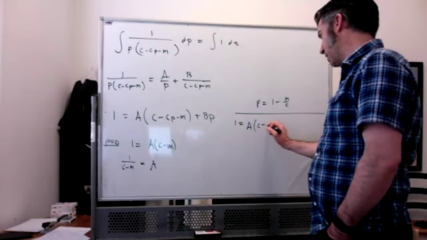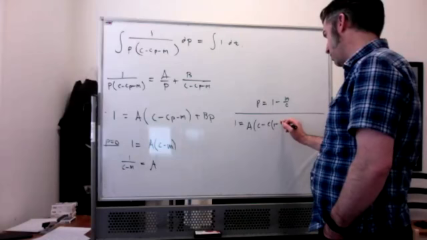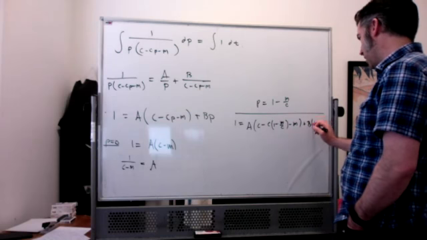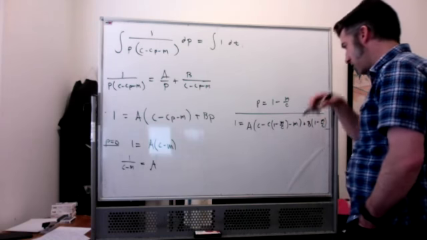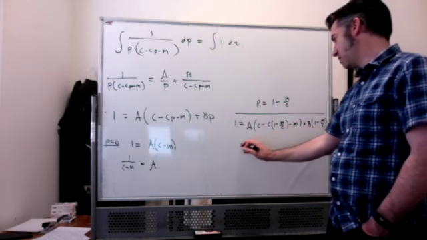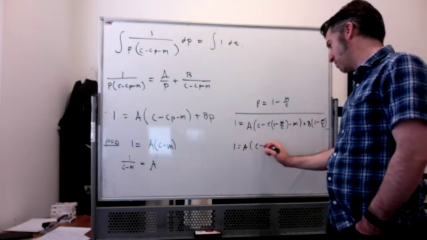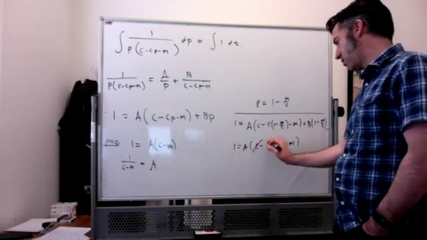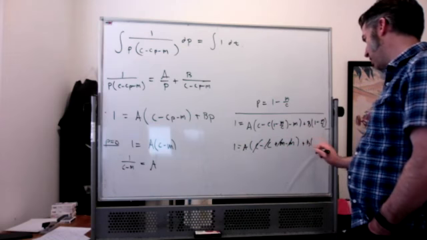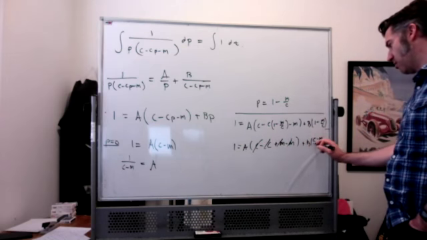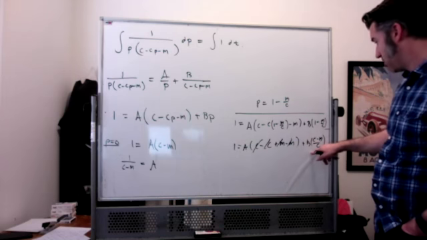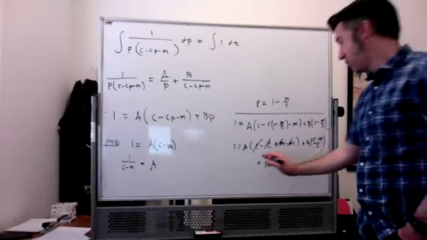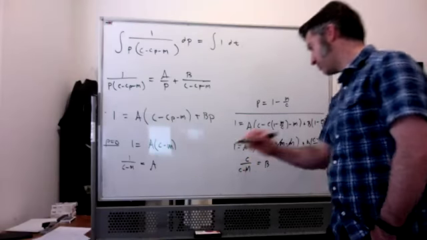A times (C minus C times (1 minus M over C) minus M) plus B times (1 minus M over C). This is A times C minus C plus M minus M. Yep, that looks like a big old 0. Plus B times, I'm going to write this as (C minus M) over C. So when I divide both sides by this, B is going to equal 1 over ((C minus M) over C), which is C over (C minus M).